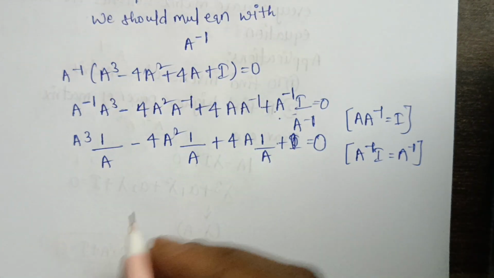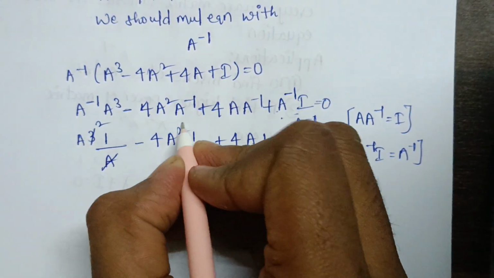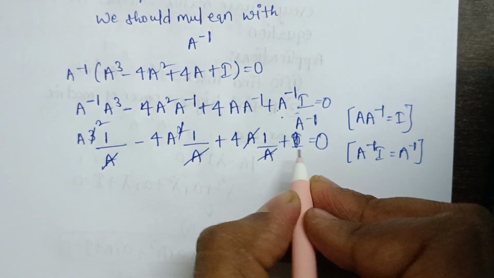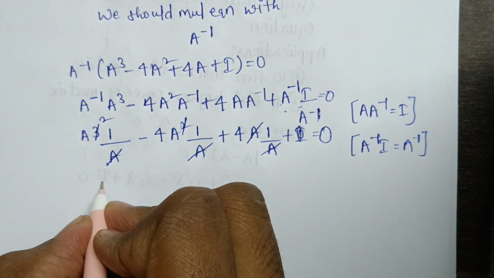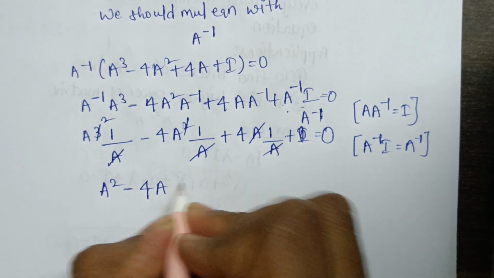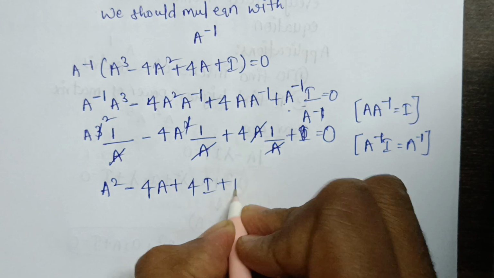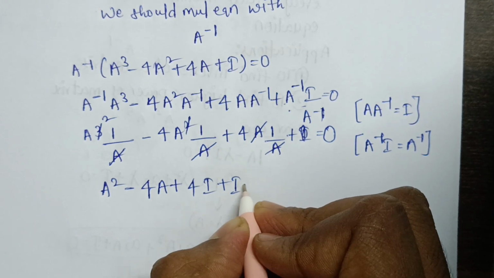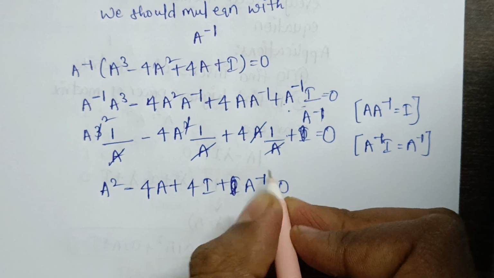So now A square A, and this is A inverse. So now the obtained equation is A square minus 4A plus 4I plus A inverse is equal to 0.